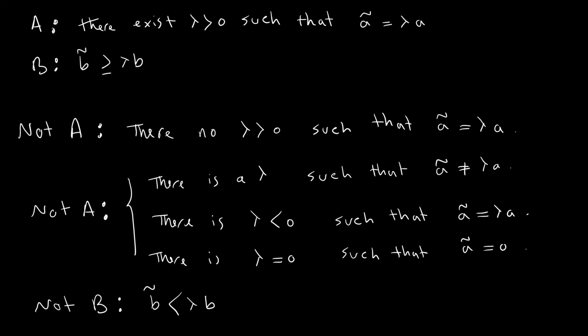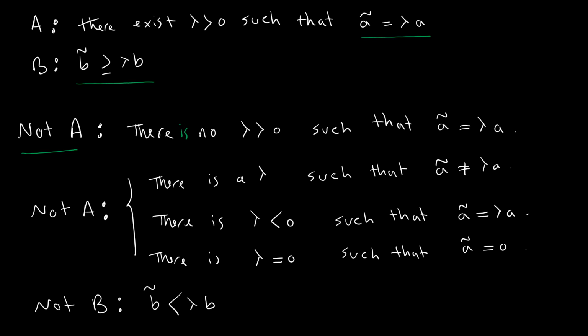So I said that we want to negate A and negate B. Let's see what is A. A is a statement that says there exists lambda greater than 0 such that lambda times A equals A tilde, and then B is B tilde greater than lambda B. Not A means there is no lambda greater than 0 such that A tilde equals lambda A, and that can be broken up to three different cases.